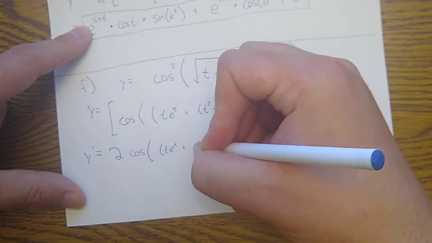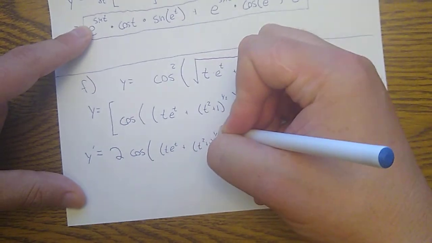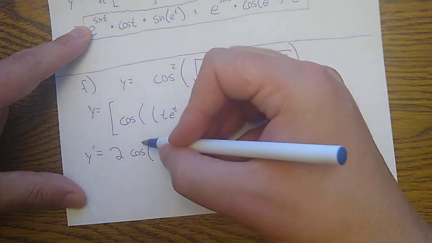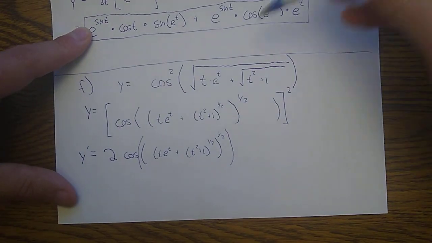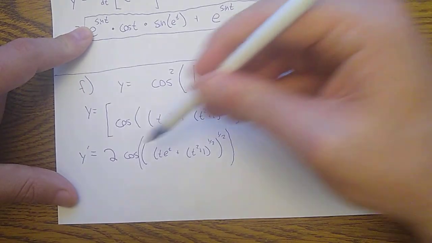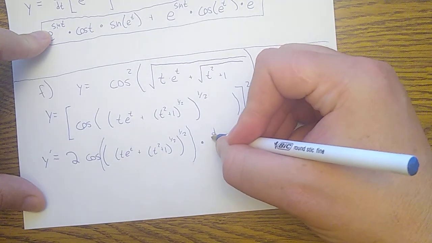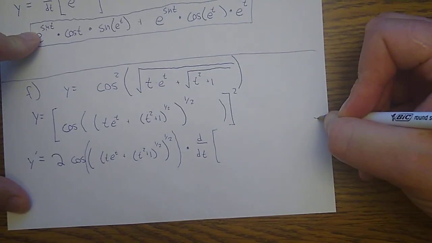This is a lot of writing. So it's the 2 times the cosine of that, and then I would still have to multiply by the derivative of the inside.